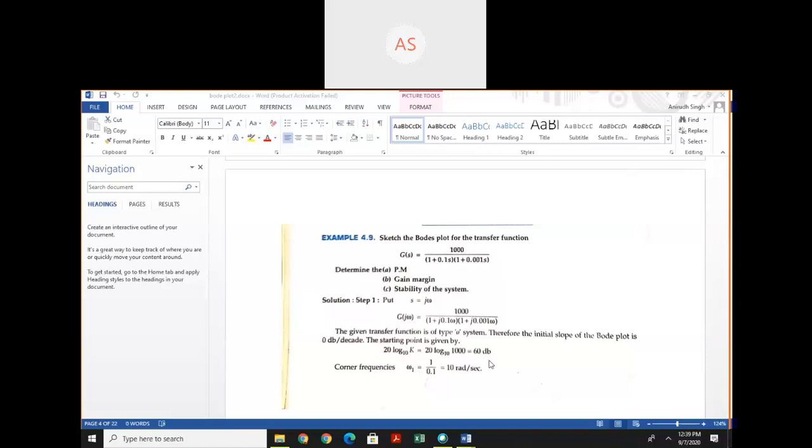This is the calculation of the starting point of the Bode plot.